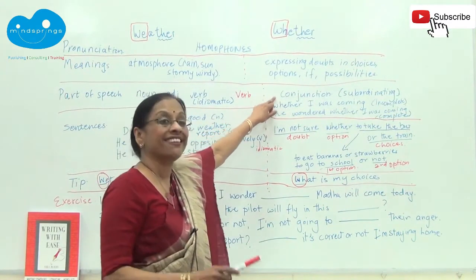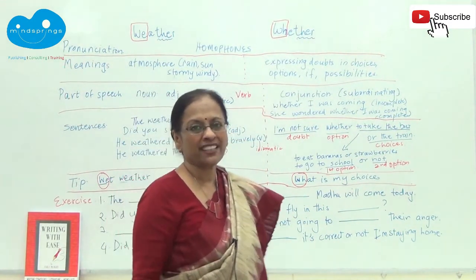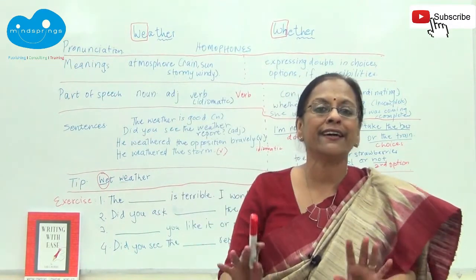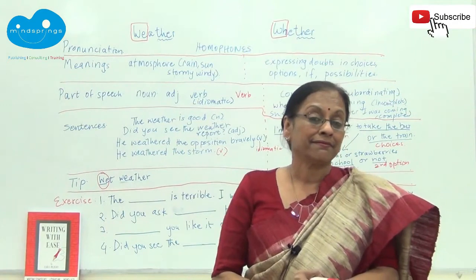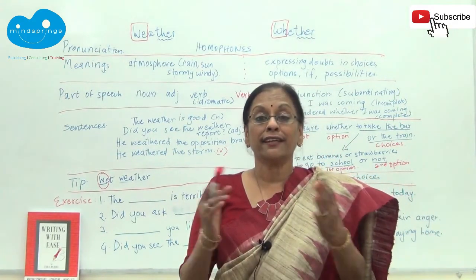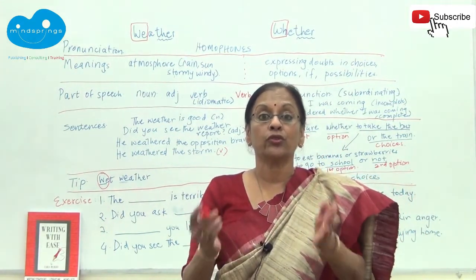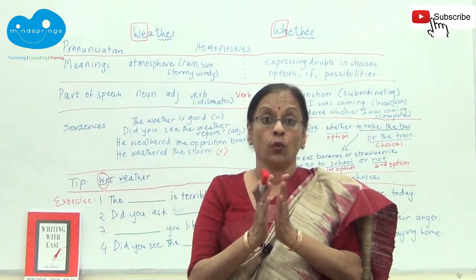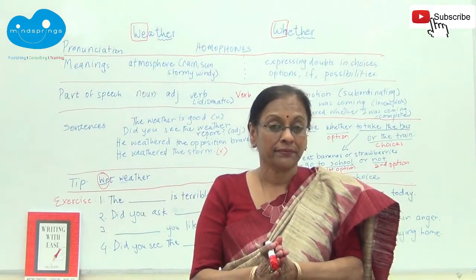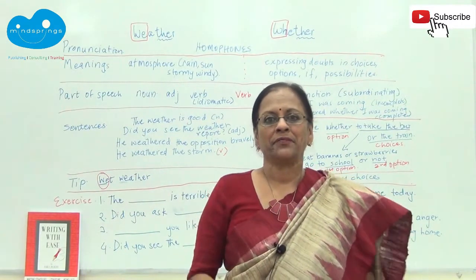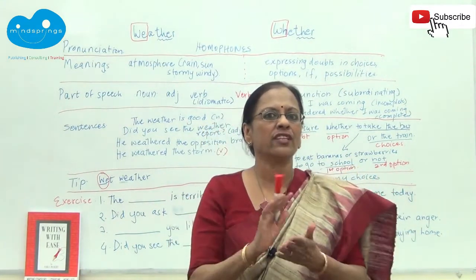Now whether is a conjunction, okay? It's nothing else, it's only a conjunction. Now what's a conjunction? A conjunction is a word that allows you to connect words together or phrases together or sentences together. So it's like cement. When you think of conjunctions, think of cement.